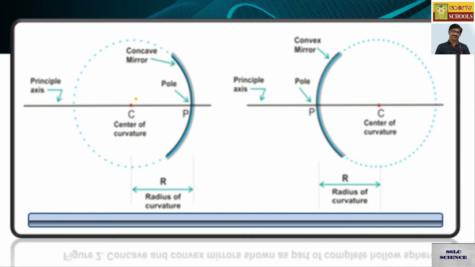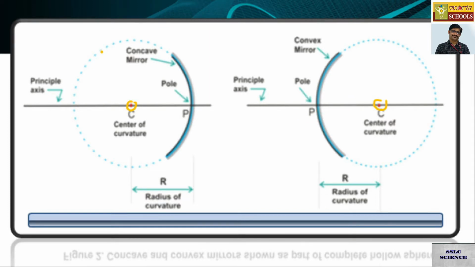The centers of such imaginary spheres are taken as centers of curvature for the concave mirror and convex mirror. Keep in mind, the mirror is a part of such an imaginary sphere. They are nothing but centers of curvature in both of the cases.